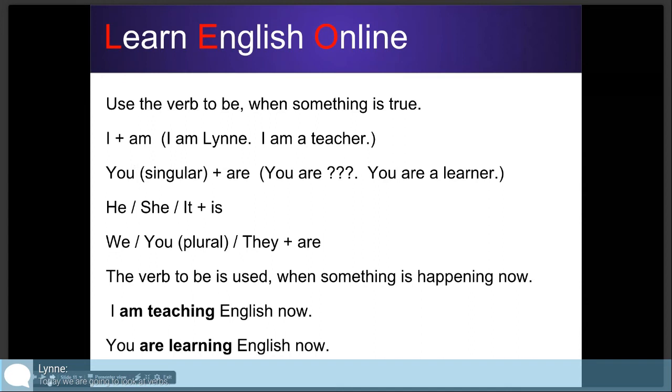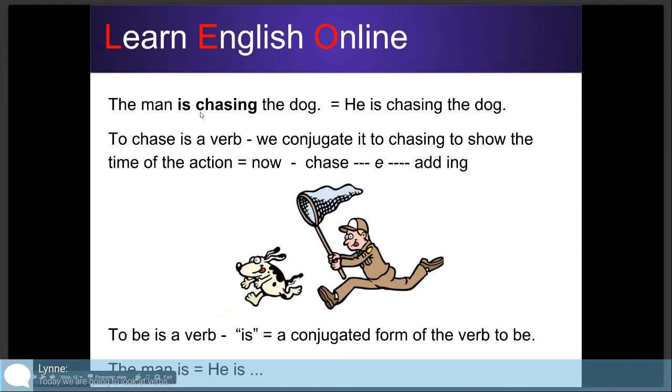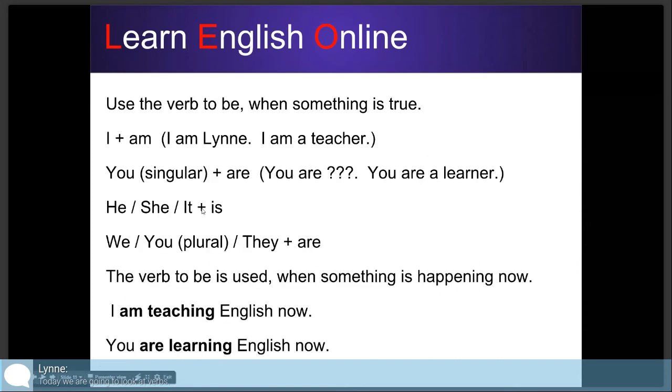Most verbs in this time are quite simple. I am doing, I'm teaching, you're learning, he's chasing. Okay, nice and simple. Some verbs are irregular, okay, and to be is very irregular.